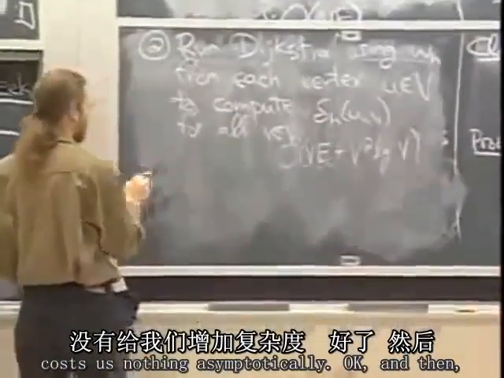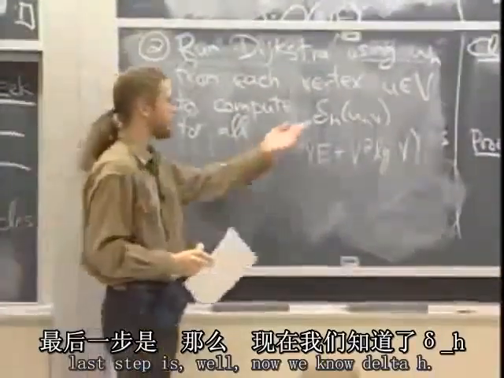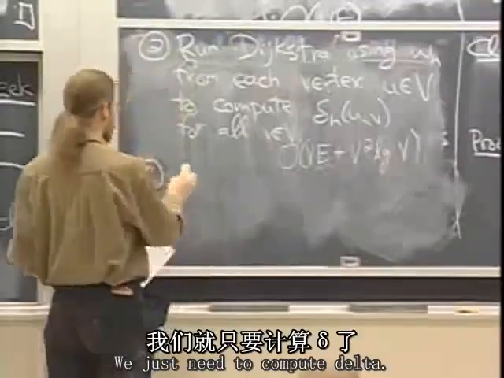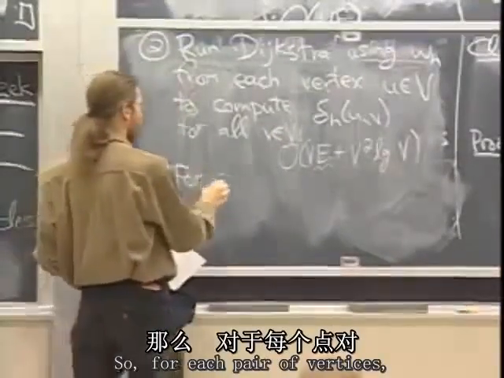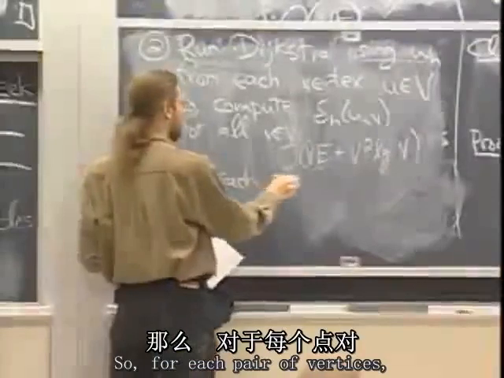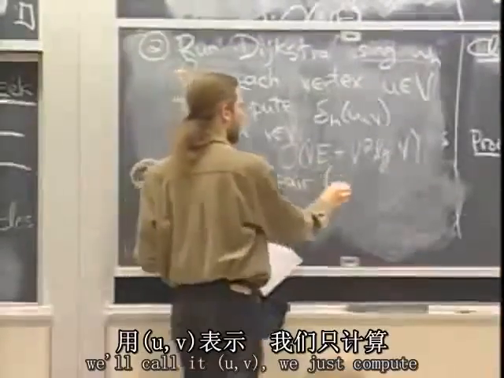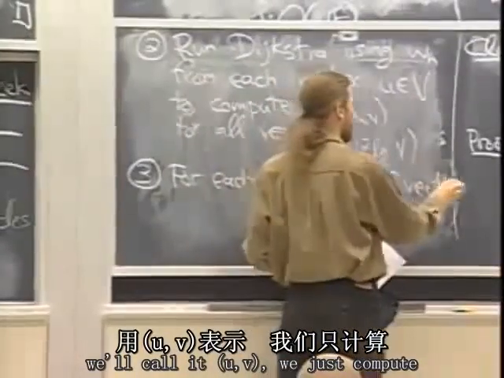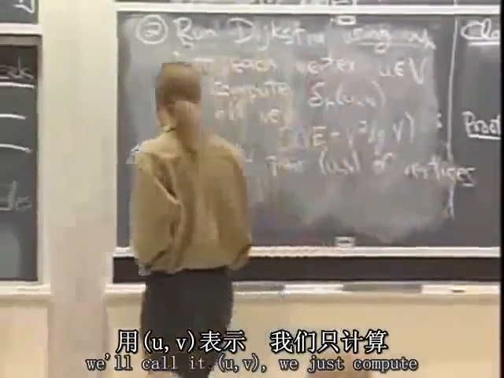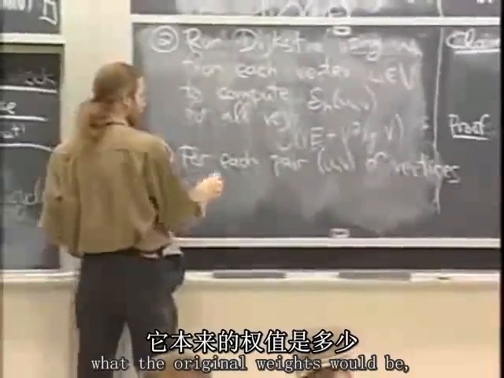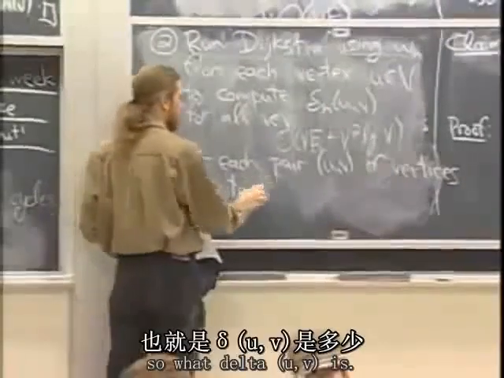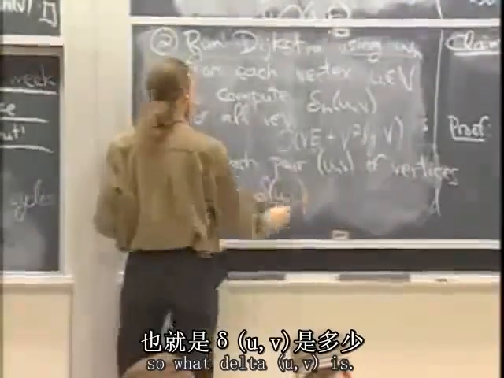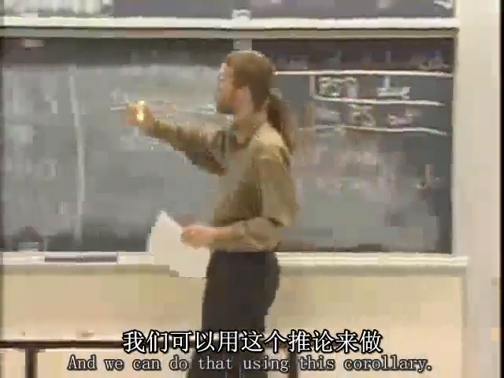Okay, and then last step is, well, now we know delta h. We just need to compute delta. So for each pair of vertices, call it uv, we just compute what the original weights would be, so what delta of uv is, and we can do that using this corollary.